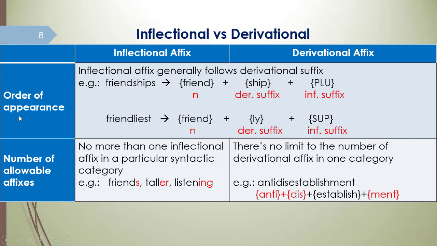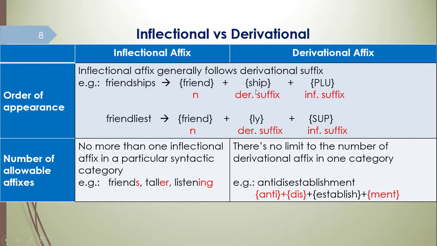Now, from the order of appearance. Inflectional affixes generally follow derivational suffixes. Jadi setelah derivational suffix biasanya diikuti oleh inflectional affix. For example, the word friendships. It comes from friendship and plural. The -s here is plural.